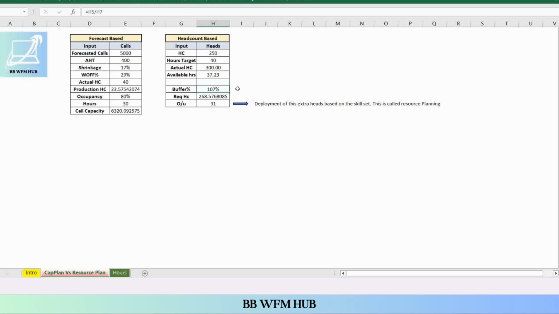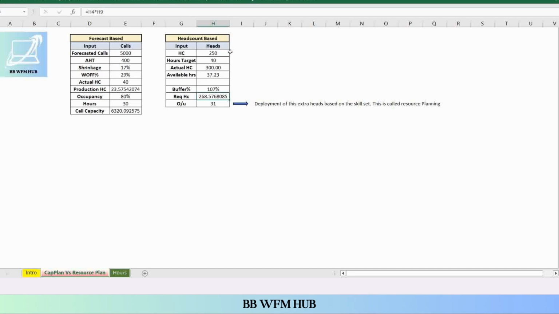Now we have the buffer percentage, and now the required headcount. For the required headcount, we are applying the buffer of 107% to the client headcount, so that we can get the required headcount. Here we have got a required headcount of 268, and the client headcount is 250.